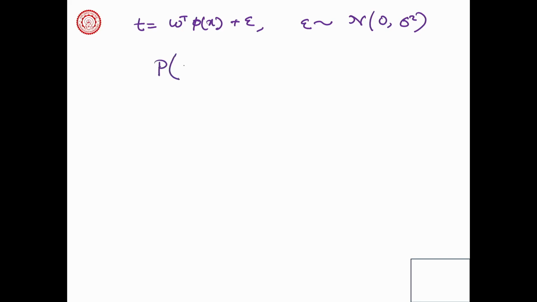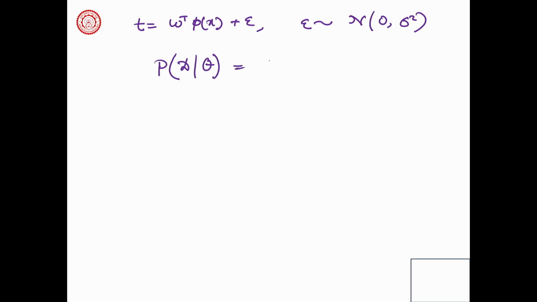So, very briefly, if I have to review Bayesian linear regression, what we have done is that we have assumed that T is equal to W transpose phi of x plus epsilon, where epsilon is Gaussian with 0 mean and variance sigma square. Because of this, we have probability of D given theta, where theta is W in this case.